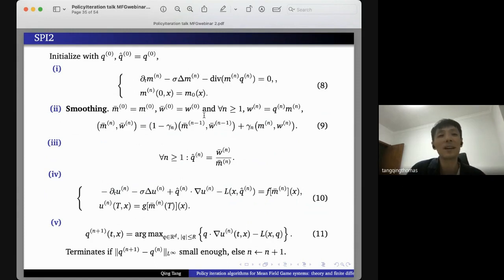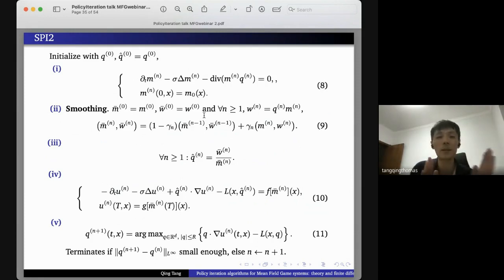So it's not Q bar. I ran out of notations, so I have to use Q hat. And then I evaluate the Q hat to get a UN. Then I get a greedy update Q, and then I use the greedy update Q to solve the Fokker-Planck equation.